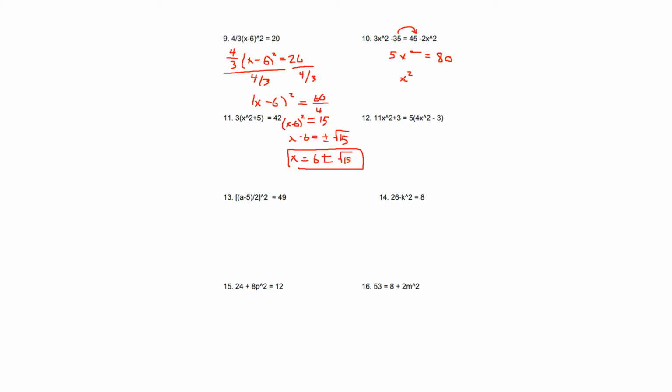You isolate the x squared by dividing both sides by 5. 80 divided by 5 is going to be 16. And if you square root both sides, you get x equals plus or minus square root of 16. But 16 is also 4 times 4. So it just becomes x equals plus or minus 4 for our answer.